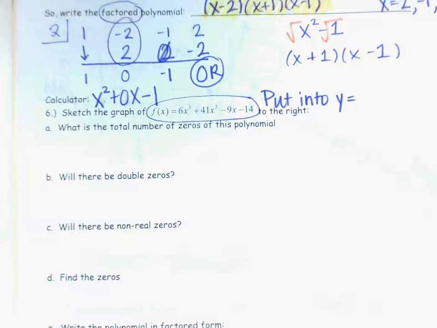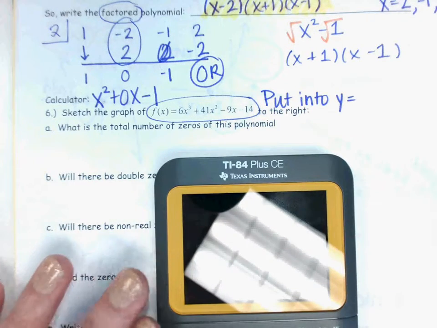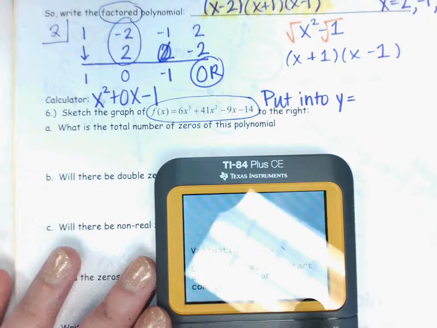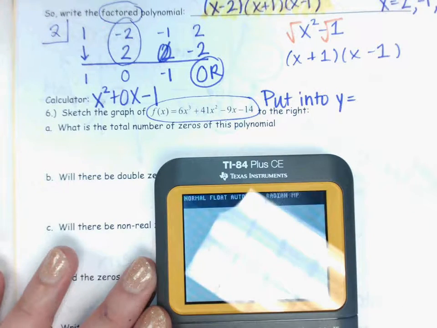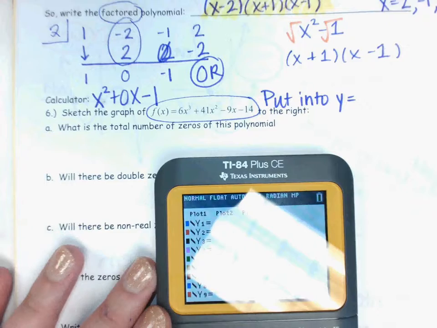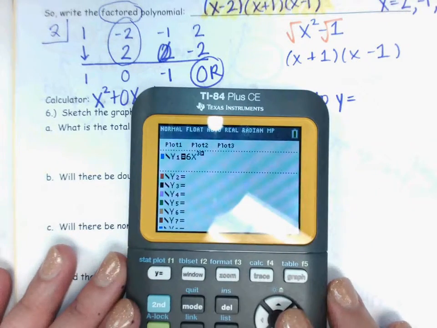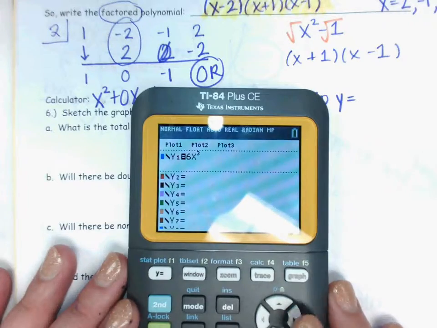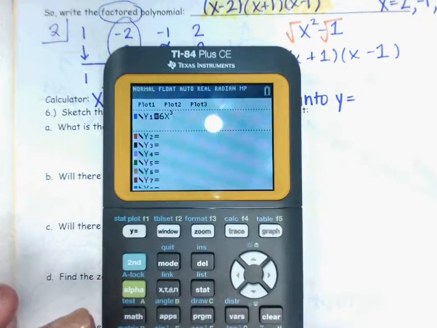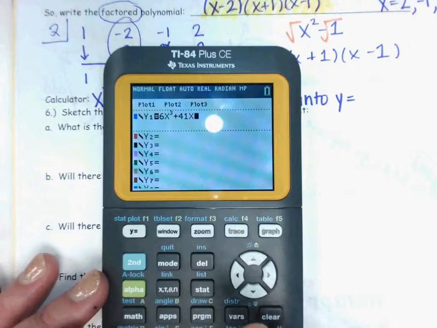And y'all know how to do the 3, the cubed? Okay, so you'll do y equals 6x up to the 3. Then make sure that you get out of the little exponent, so you have to kind of scooch over. Okay, then I want a plus 41x squared.